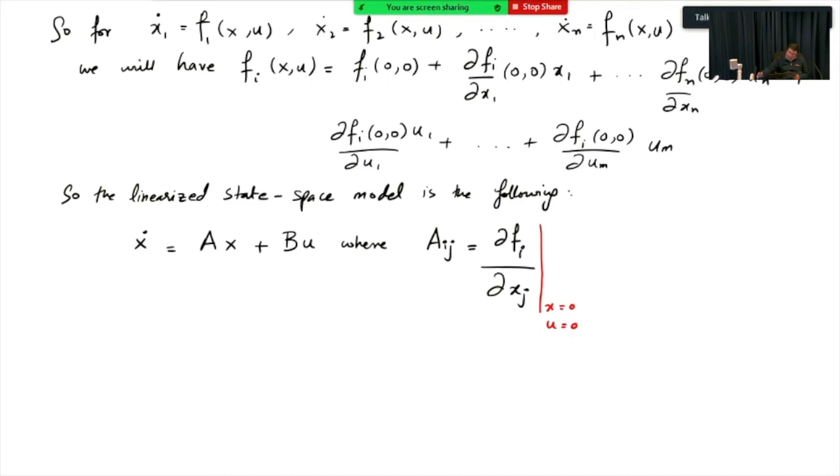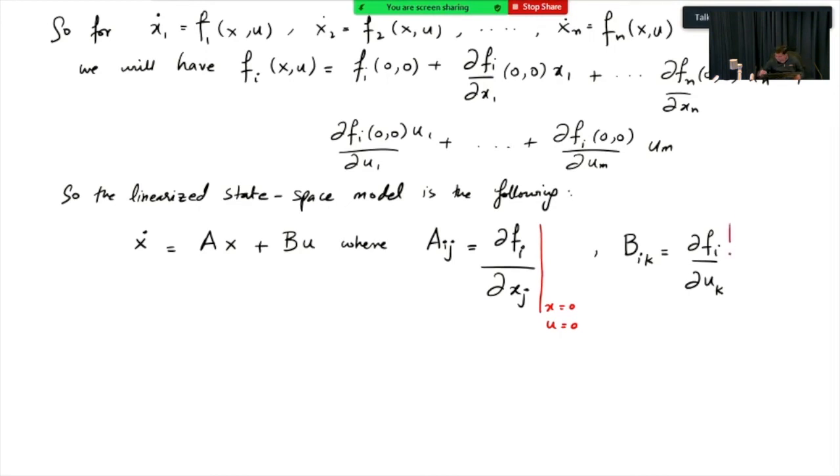If you take the derivative and then substitute x equals 0 and u equals 0, because you are linearizing at the 0, 0 point. And bij is equal to curly fi divided by curly uj. Actually, I can change it: instead of ij, let's call it ik, and curly uk.